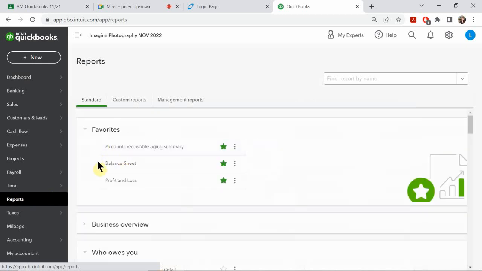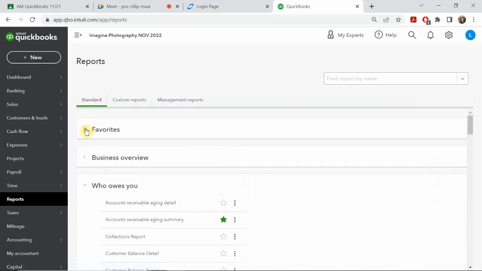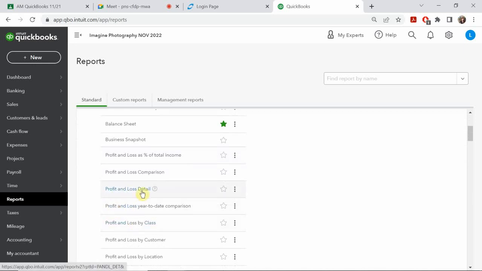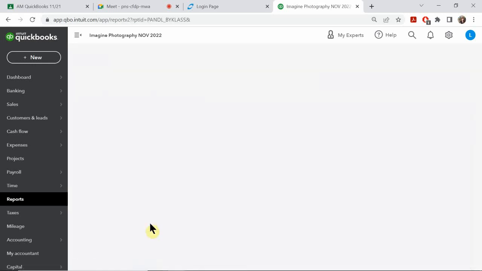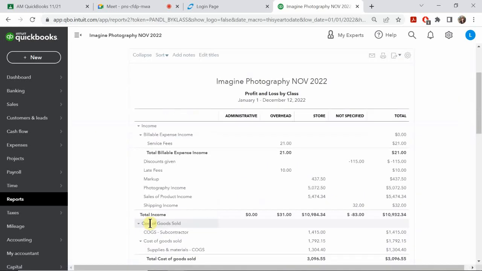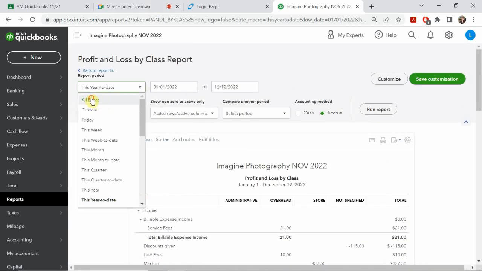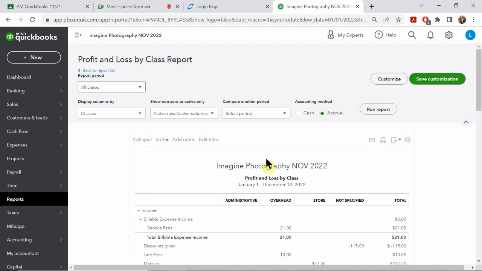And we're going to do profit and loss by class, which we said was a business management report. So profit and loss by class. Here it is. Okay. Now in this case, you want to make sure that you have it toggled however you want. In this case, let's just do all dates and refresh here.